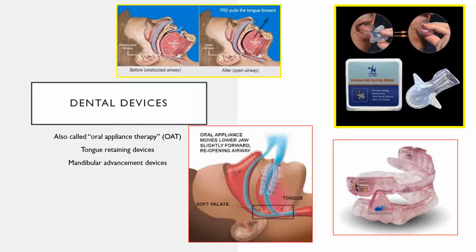Then there are also mandibular advancement devices pictured below, outlined in red, and you can see on the picture on the left how it's trying to open up that back part of the airway. The picture on the right is what a device would look like. This is a device that actually fits in your mouth, on your teeth, and based on the way the dentist sets it, it pulls your mandible forward. Dental devices are also called oral appliance therapy, abbreviated as OAT.